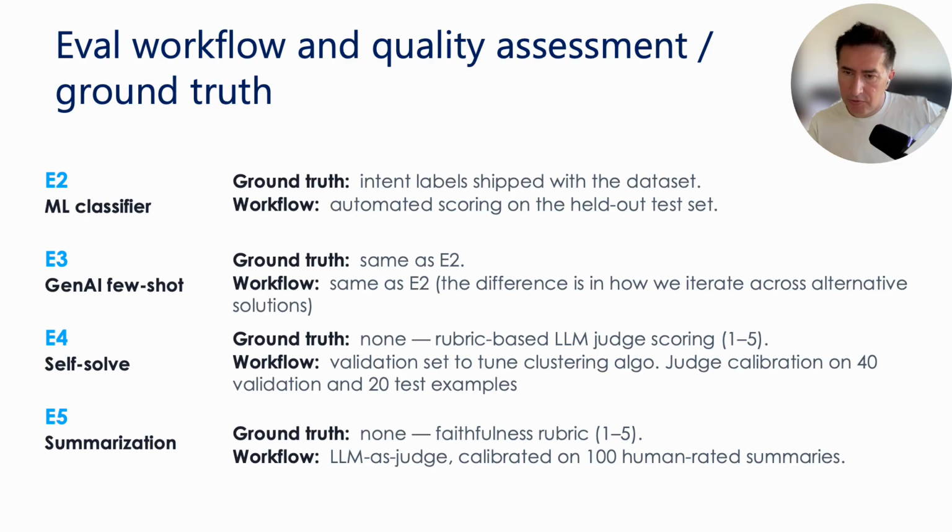We're going to describe to the judge what a good summary looks like, maybe give some examples, and then we're going to calibrate the judge on a given number of human-generated summaries, or on 100 LLM-generated summaries, and then we're going to see whether the judge is consistent with the human ratings for the same summary.